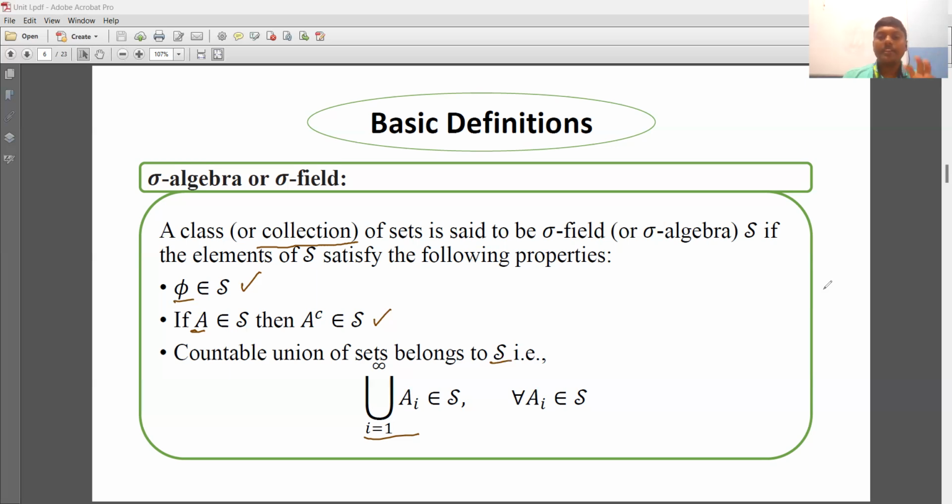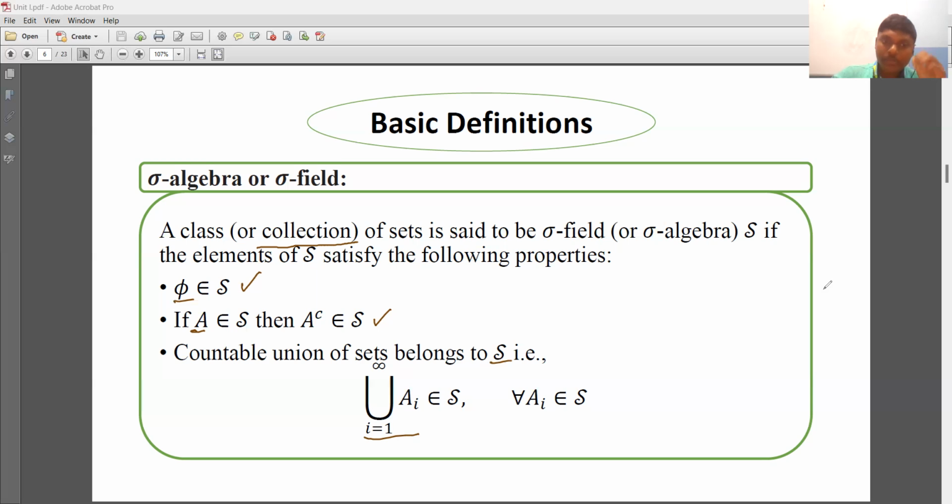And if I have a sequence of sets in the collection, an infinite sequence for the time being, then if I take the union of those sets, that union also belongs to that collection.